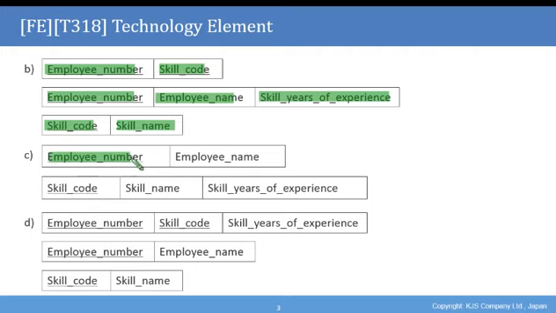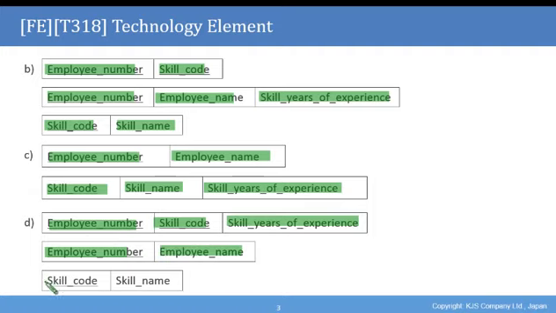In C, employee number, employee name, skill code, skill name, skill years of experience. In D, employee number, skill code, skill years of experience; employee number, employee name; skill code, skill name.